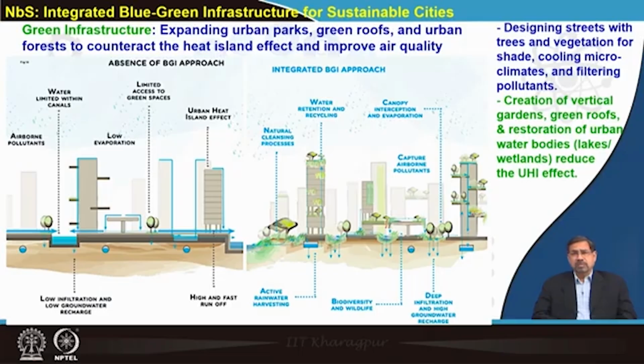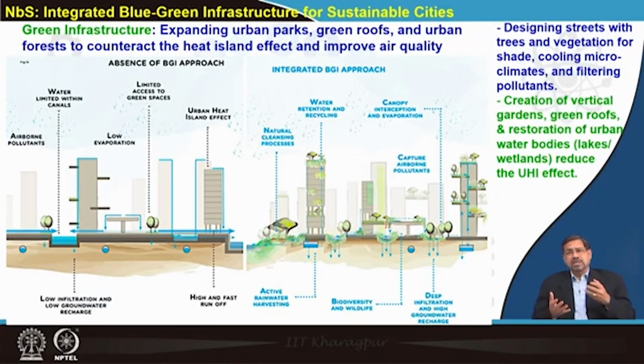So, in contrast, if we put plants within the cityscape space, it helps in terms of deep infiltration and high groundwater recharge. Streets should be designed with trees and vegetation for shade, cooling microclimates and filtering pollutants. The city roads should have trees and vegetation on both sides, so that we get shade. The shade gives a lot of cooling in terms of microclimate.